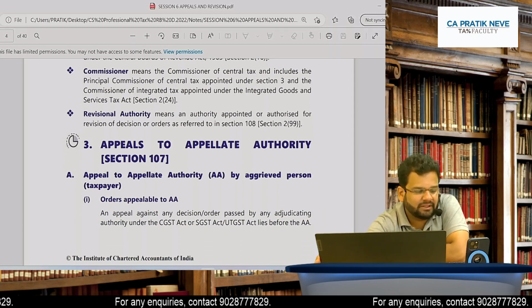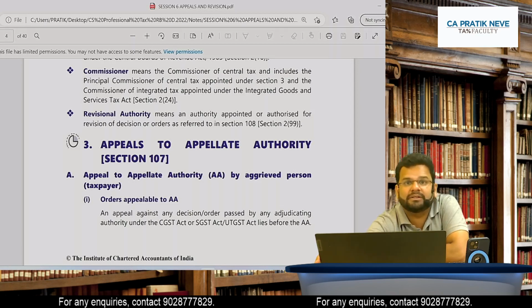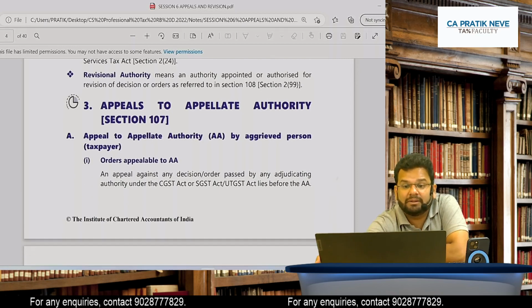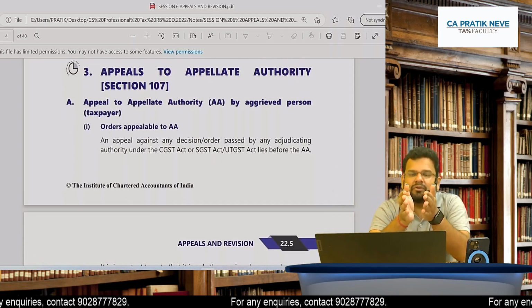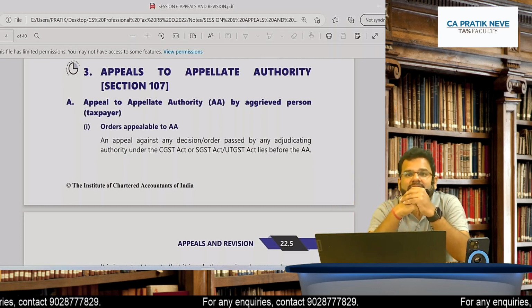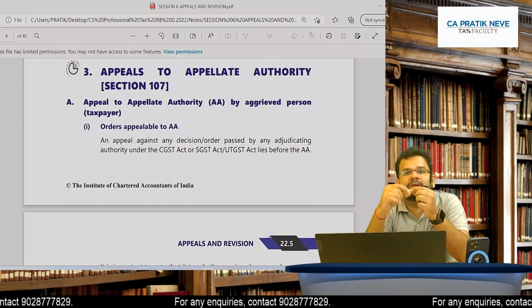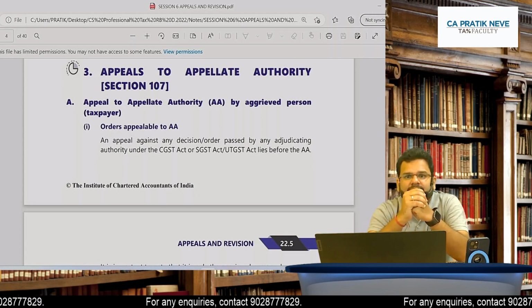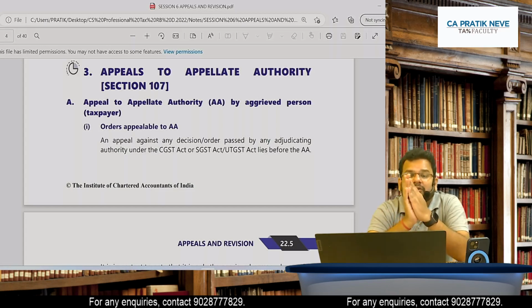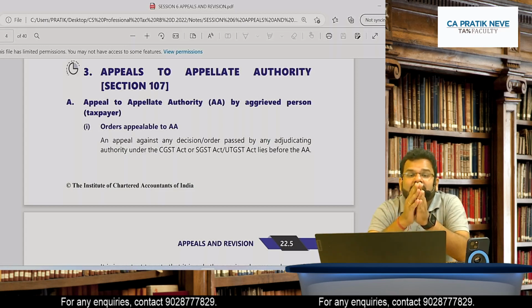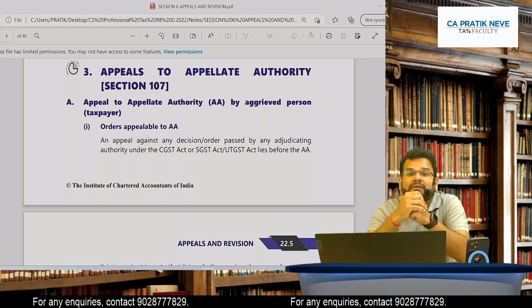Questions relating to place of supply will be dealt by whom, sir? When a normal issue of place of supply arises, first the appeal will be with the appellate authority. If I'm not happy with the decision of the appellate authority, then I will make an appeal to the next level, that is the appellate tribunal.